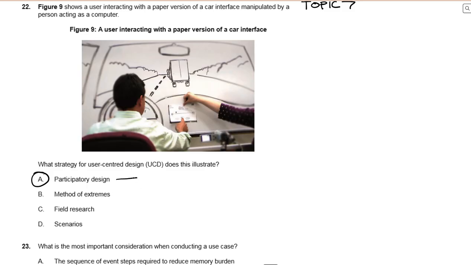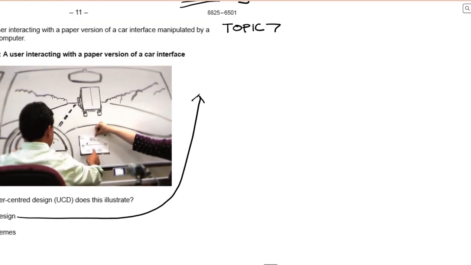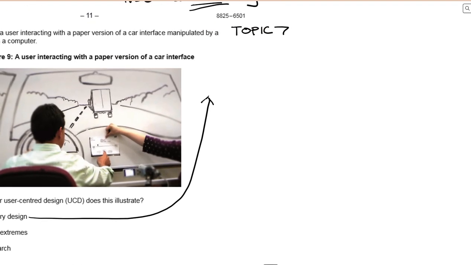So participatory design, let me maybe use this space up here, and let's write a definition, right? Participatory design is when we have users who represent our target market, and this is always in the early design and development stage.